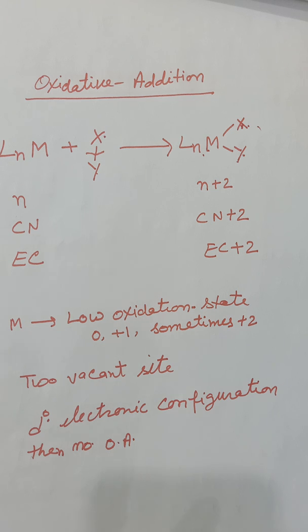Therefore, the metal should not have d0 electron configuration. There should be some electrons in the metal.